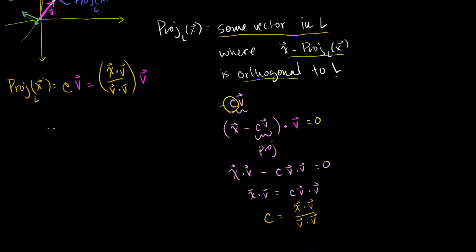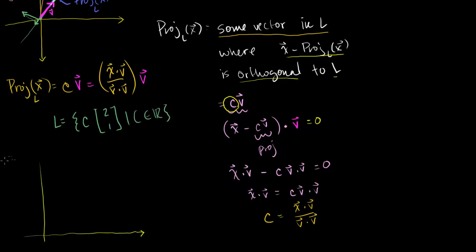Let me define my line L to be the set of all scalar multiples of the vector, let's say the vector 2, 1, such that c is any real number. So let me draw my axes here. That's my vertical axis.